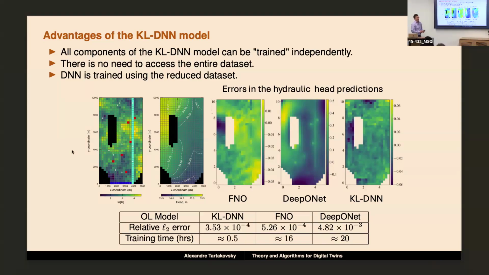But I think with KL expansions, we were able to reduce dimensionality to 100. So there were 100 terms in the KL expansion of the parameter. And you were using the full field of the hydraulic head for training? Yes. And anything else? That's it.